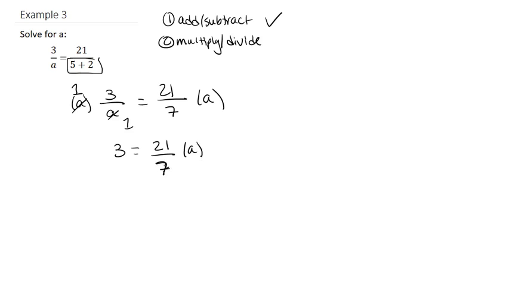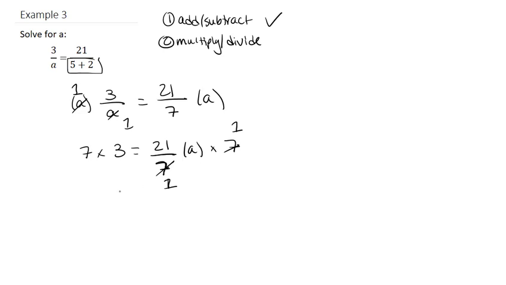The next step then is to get the 7 from the denominator out. And so what we can do is multiply by 7 on both sides, because 7 divided by 7 here is just equal to 1. And whatever we do to one side, we do to the other.